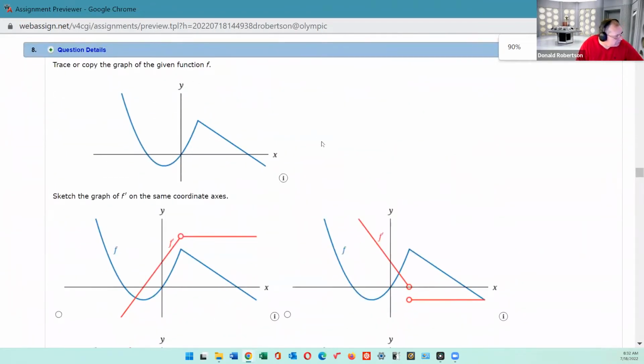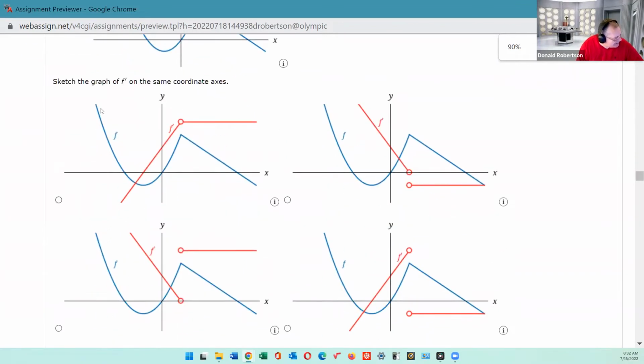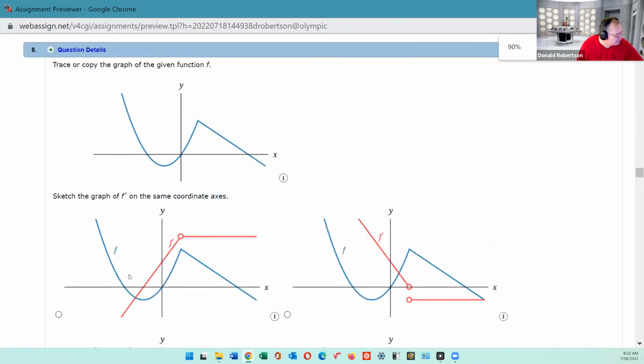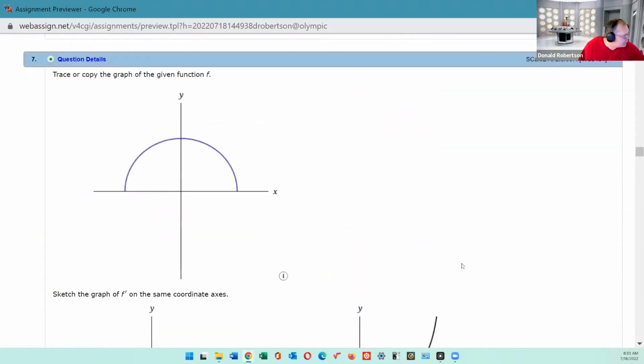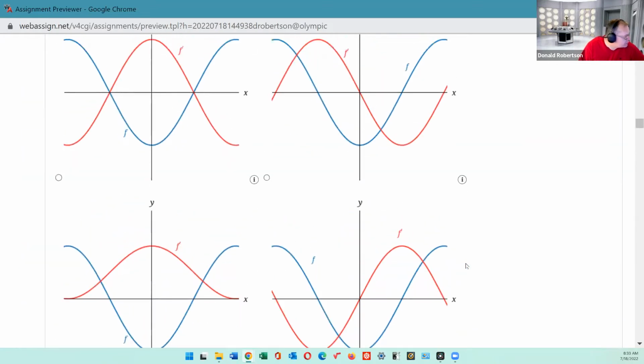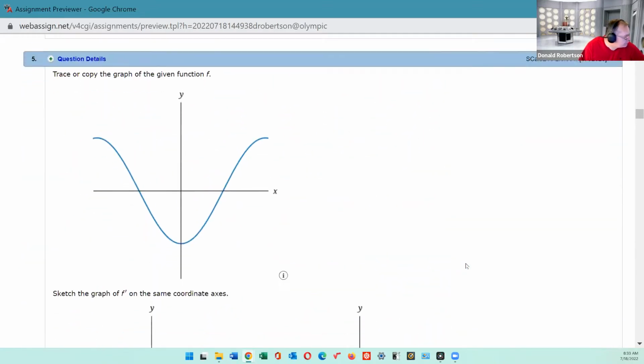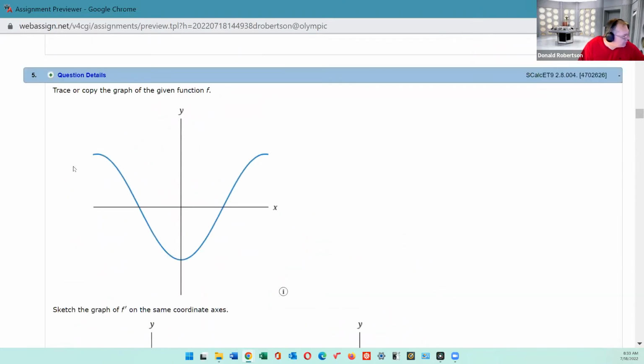Here is the original. I wish they didn't put both of them in it. To me, it's easier if the blue bit disappeared, but you know, it is what it is. Here are all the guys. Would you agree that one I just drew fits this picture here? You see the one I just drew? Straight line up, horizontal line, piecewise. Let's see if we can find somebody else. Right, here's a curve.